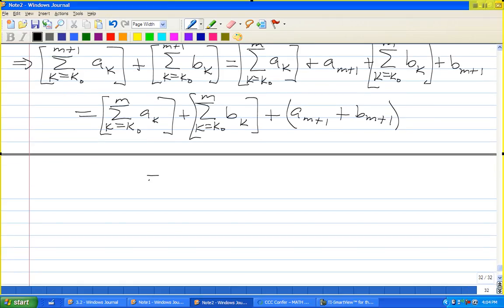But this is equal to, by the induction hypothesis, the sum k equaling k sub 0 to m of a sub k plus b sub k.